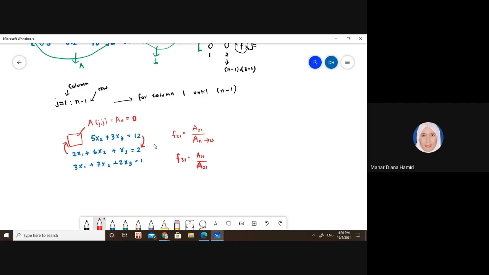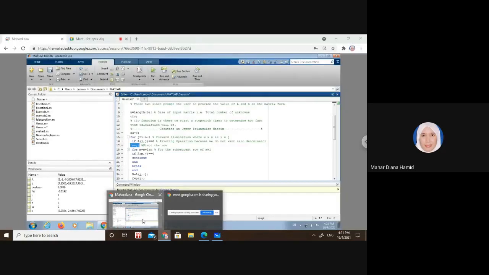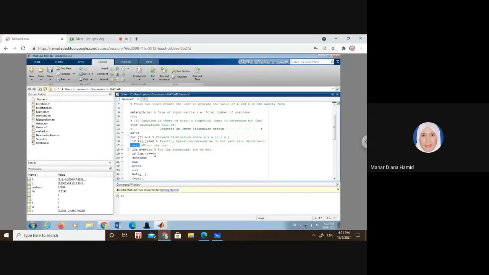Since a 2,1 here has already changed to 0, this is the first modification, and we are going to pivot it again.